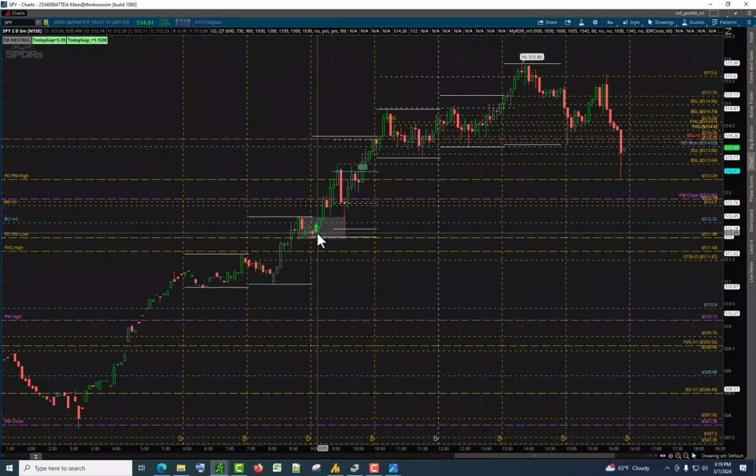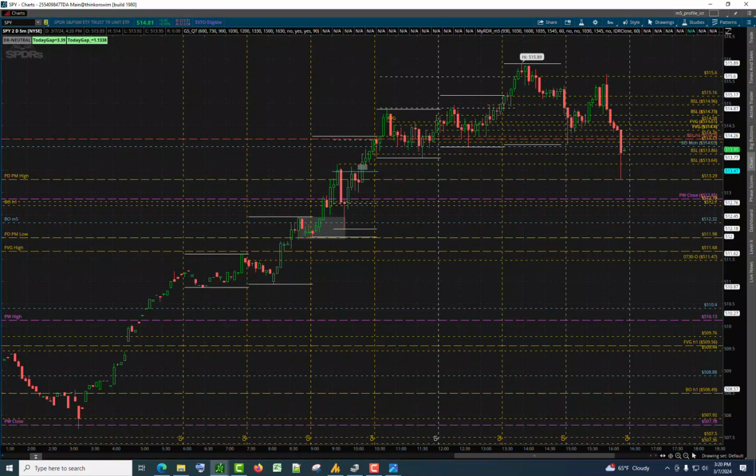Yeah, the fair value gap always gives a signal the market's gonna shift. This is just manipulation right there, and then it's gonna shift to continue to the uptrend right there.